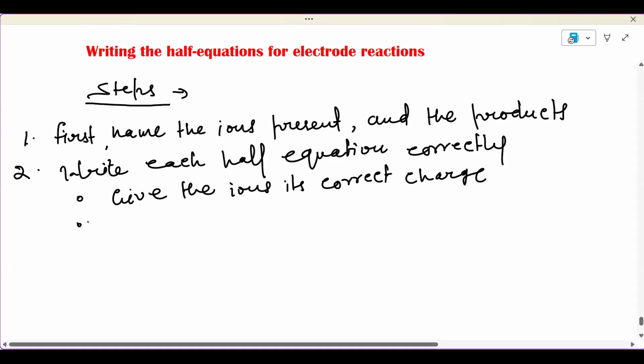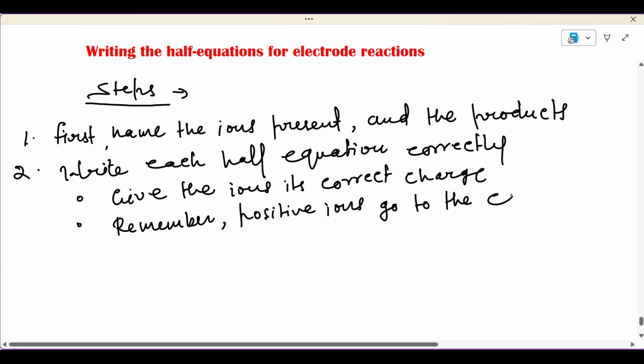Second, remember positive ions go to the cathode and negative ions to the anode.